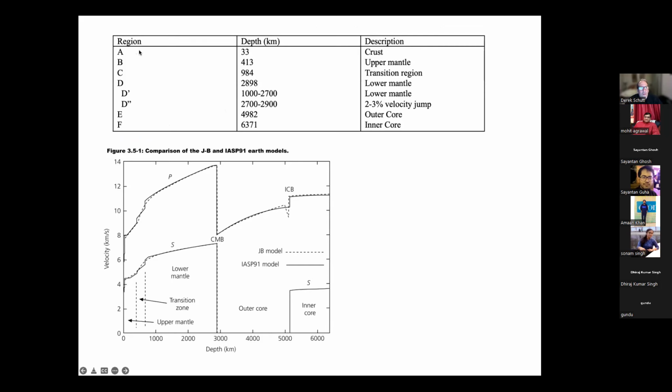So we originally designated different regions of the Earth as A, B, C, D, D prime, D double prime. Really, the only thing that's used now is D double prime. And that is associated with a velocity jump roughly at, right here, 2,700 to 2,900 kilometers depth.